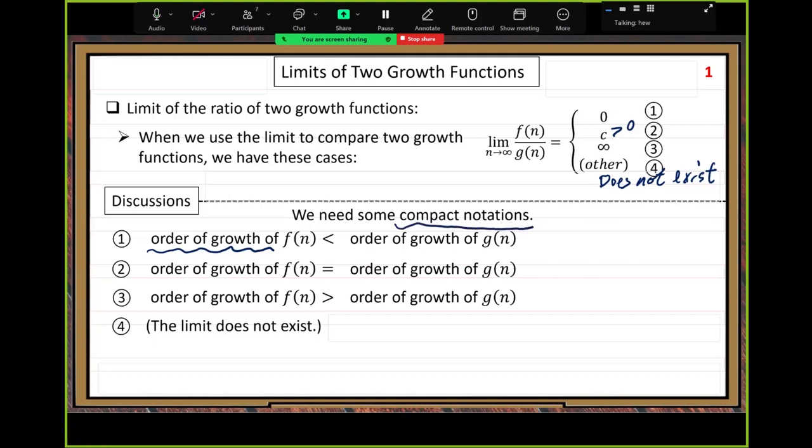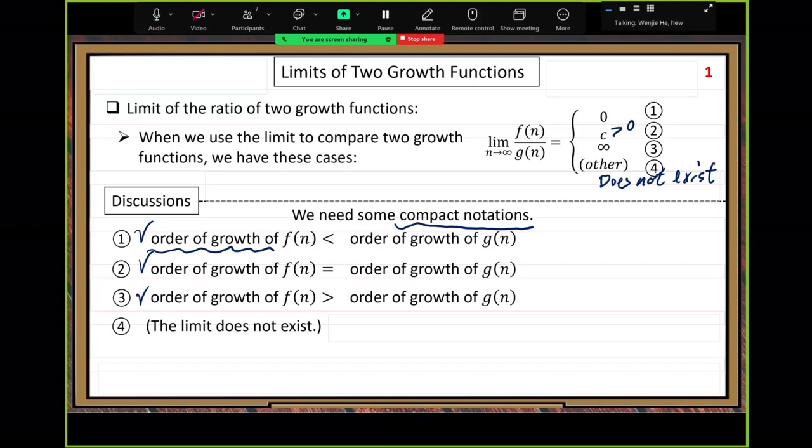These 3, equality and inequality, are still too long, not compact notation. So we introduce asymptotic notation here to represent these 3 different cases in a very compact way.